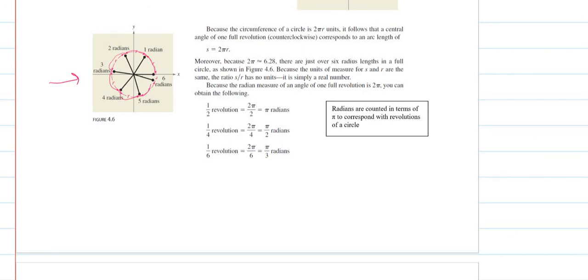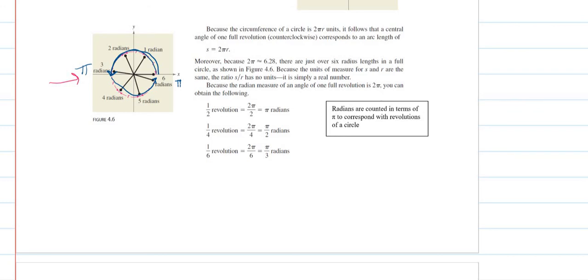If we went halfway around our circle to there, we know that that should be a distance of pi around the circle. If we keep going, we go another pi around the circle. So all the way around the circle is 2 pi.